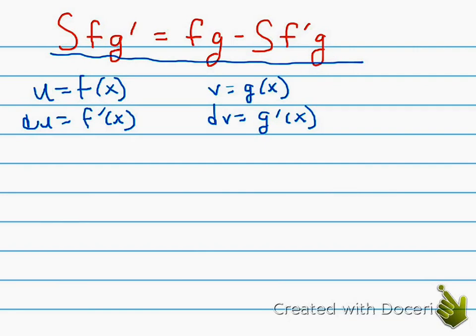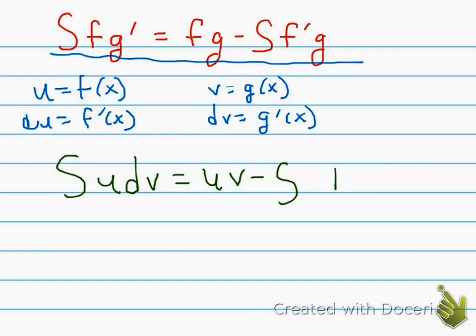We'd have the integral of u dv will equal f is our u, g is v, minus the integral f prime is du and g is v.